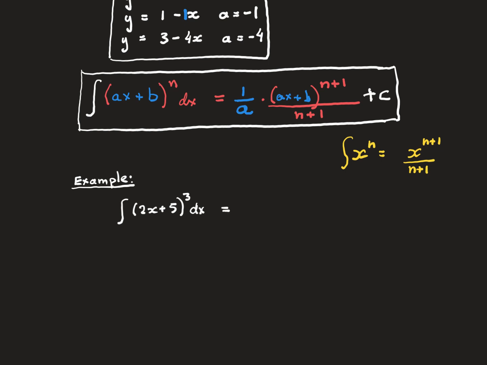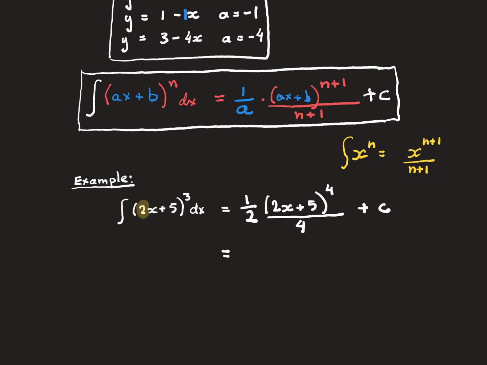So first of all, let's look at the value a here, and let's use the rule to write it as 1 on 2, and we'll integrate the outer function according to that rule by rewriting this linear function and adding 1 to the exponent and dividing it also by 4, plus c.